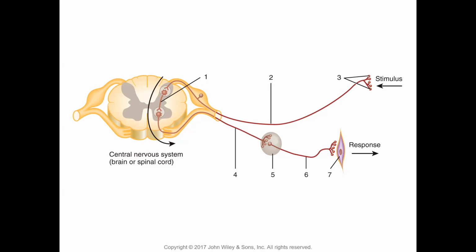Number 6 will be the axon of the postganglionic motor neuron, and number 7 is your effector, your visceral effector. So it could be smooth muscle in the gastrointestinal tract, it could be the smooth muscle on a blood vessel, it could even be a gland, it could be any visceral effector.